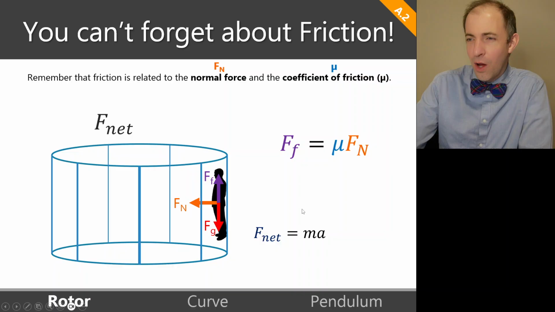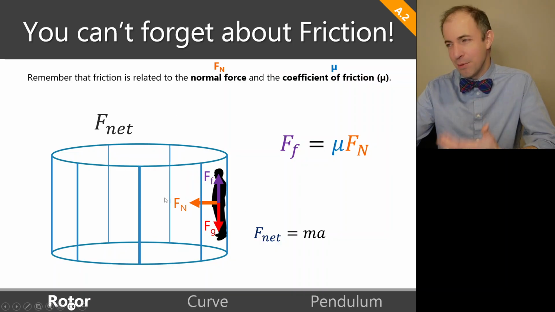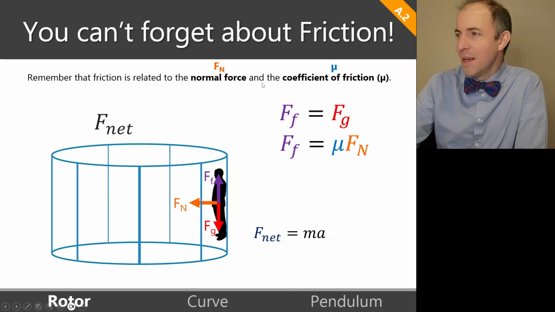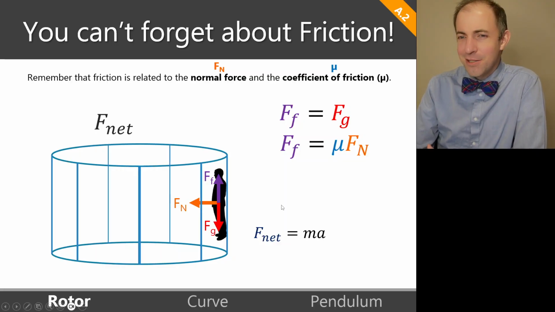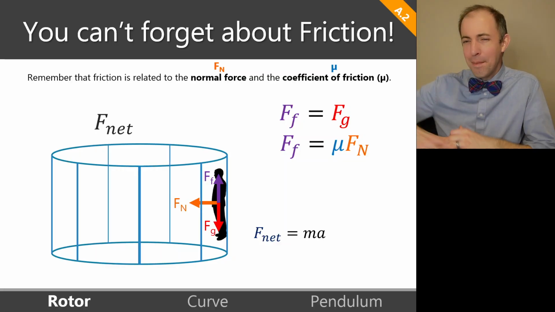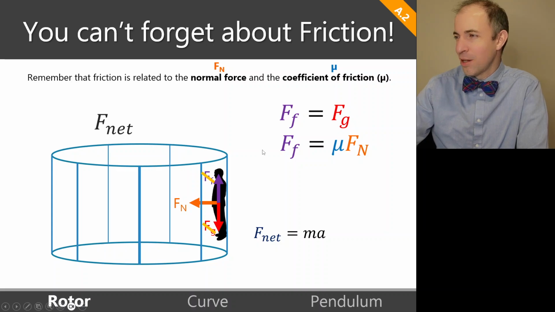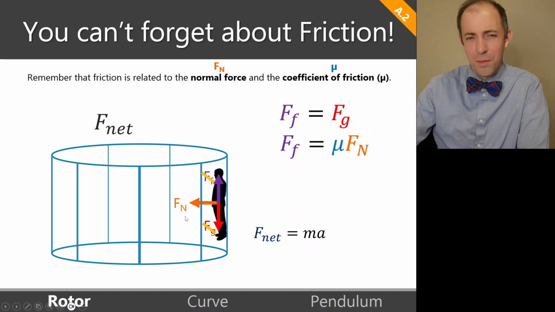I also know that if this object, a person, is moving in a circle, the net force is equal to mass times acceleration. And I know from this picture that the force of gravity and the force of friction have to cancel each other out. There is no upward or downward acceleration happening. So those two things cancel each other out, and you're left with the only force being the normal force.